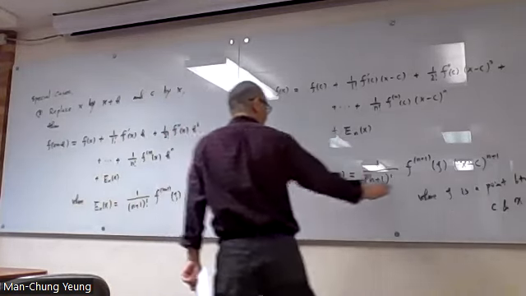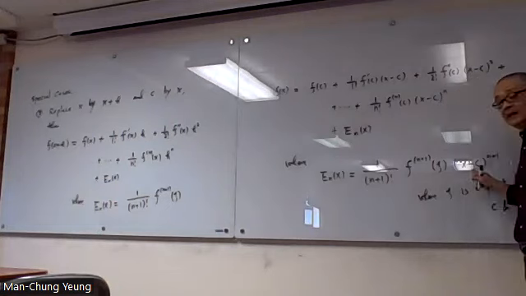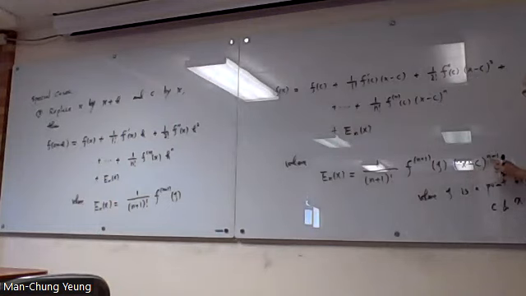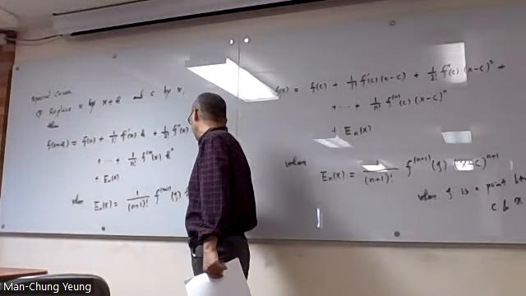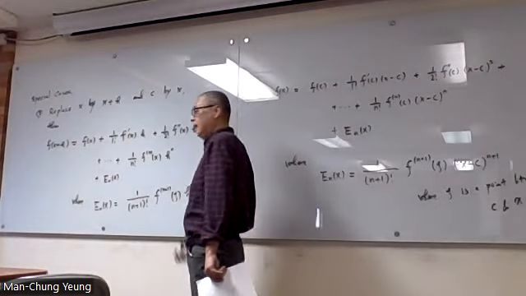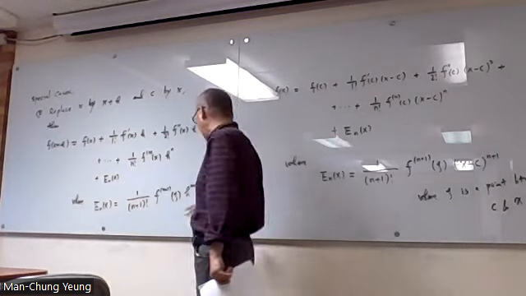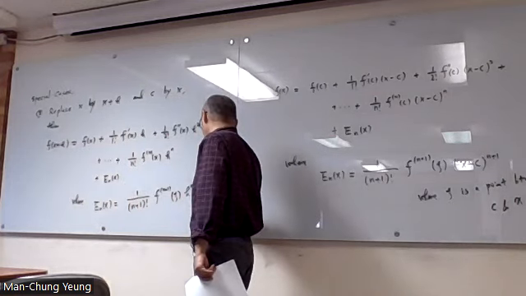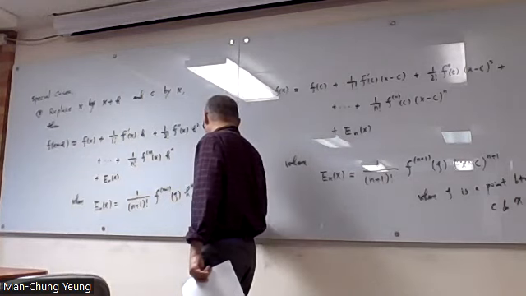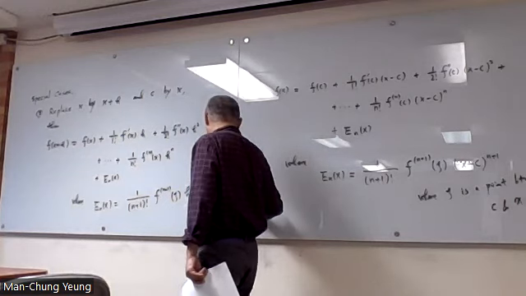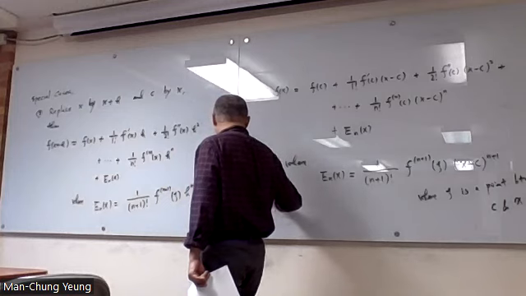Then x minus c is h, so h to the n plus 1. Now the point psi is a point between x and x plus h.